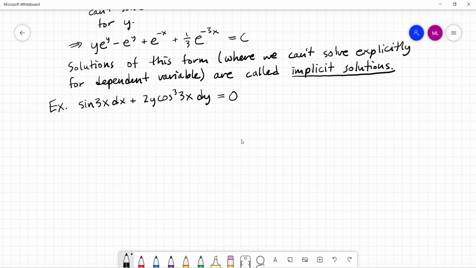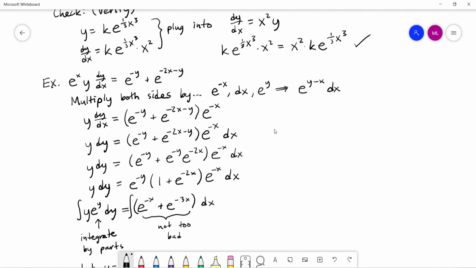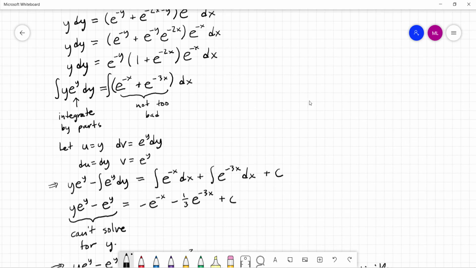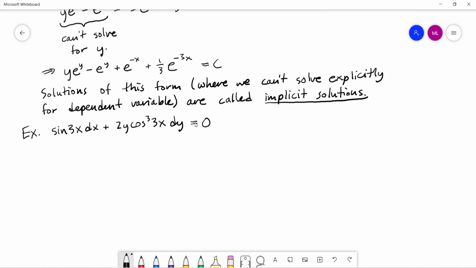If I wanted to write it in a similar format to the way that we wrote, for example, the equation up here, where I do have a dy dx, all I would need to do is take this whole thing and divide every single term by dx. If I divide this term by dx, it'll cancel out, but over here I'd get dy over dx. So basically we're taking some liberties with Leibniz notation here by dividing everything by dx, and we would get back the format that we were accustomed to seeing.